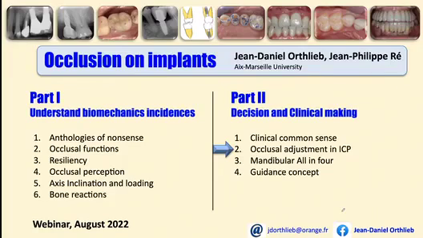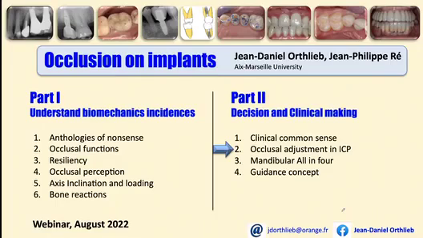In ICP, the general law is, when you put a crown on a natural tooth, you must have contact in ICP position at the same time, simultaneously with the other teeth.